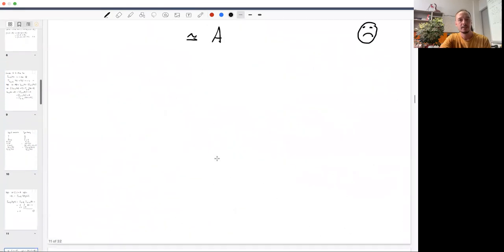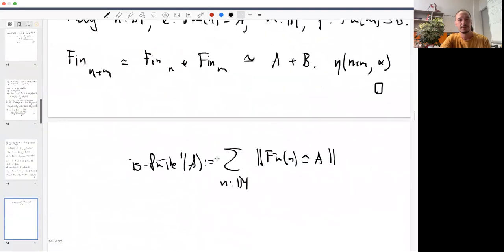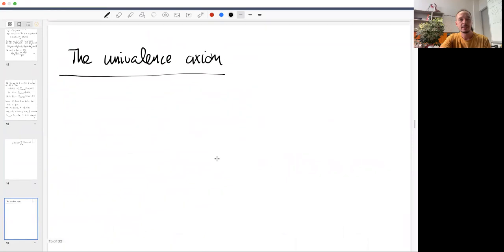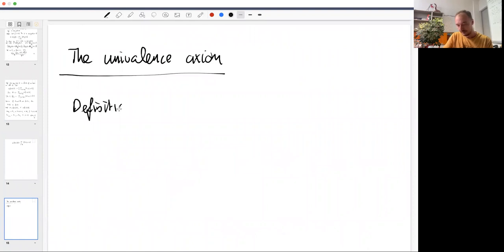So let me just go to today's page. I'll just continue the same notes as I did on Wednesday. So let's start with a definition.